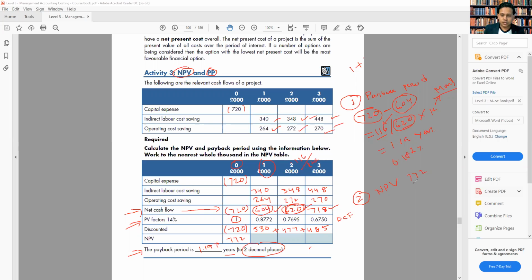That gives me a total of 1.19 years, so 1 plus 0.187 or 1.19. Got it, Asim and Luis? Very well done. Let's move on to the next question.